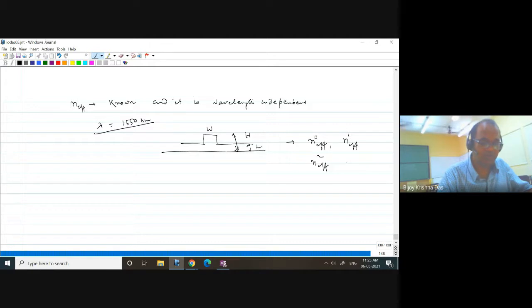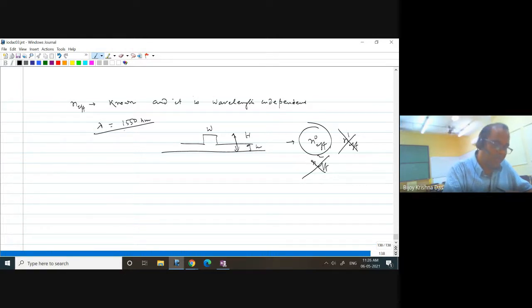No, my question is, suppose it is a single mode waveguide and I calculated n effective 0. Other solutions may be there, but they are not supported; they are leaky modes. So I have calculated n effective 0 at lambda equal to 1550 nanometers.